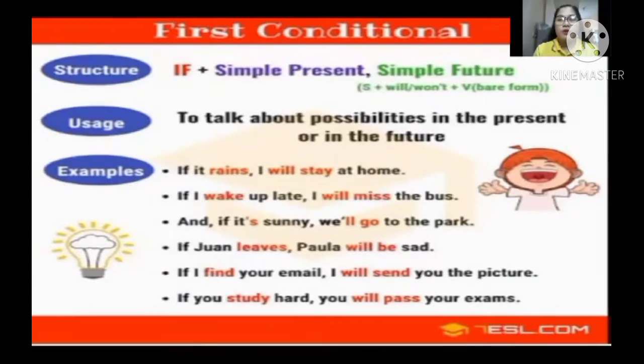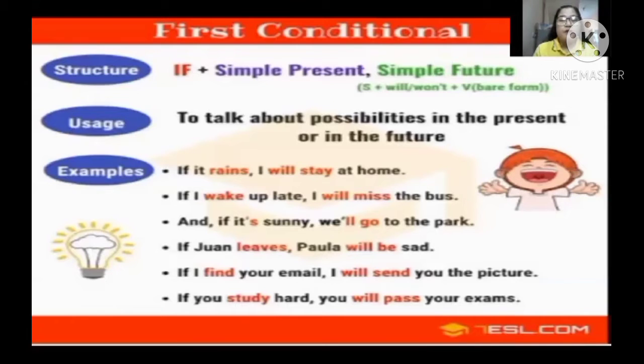So you're going to use either will or won't. When you say won't, it is a negative idea that you want to express, and then the base form of the verb. So how do we use it? It usually talks about the possibilities in the future.